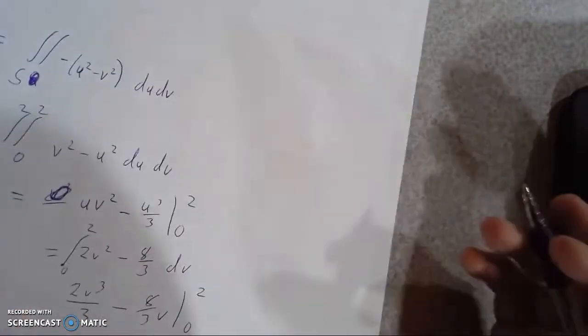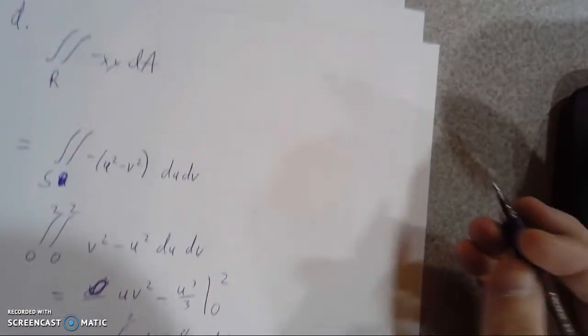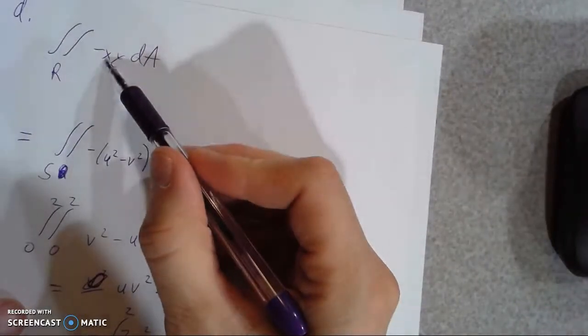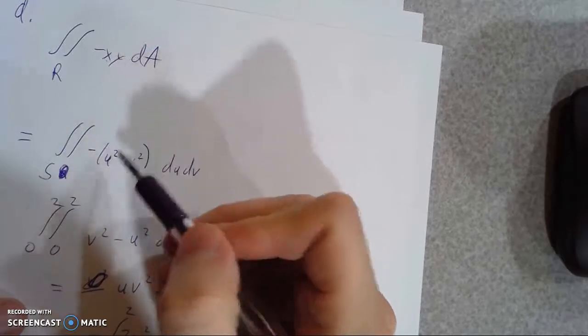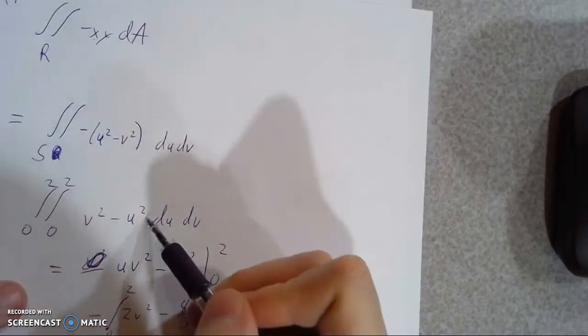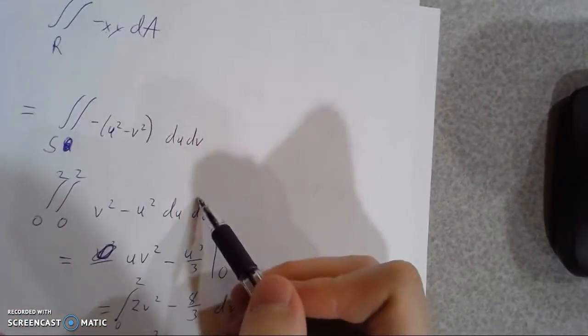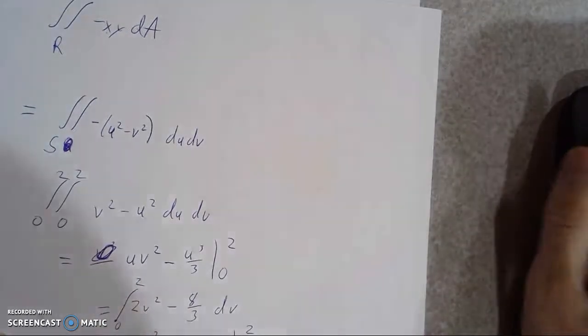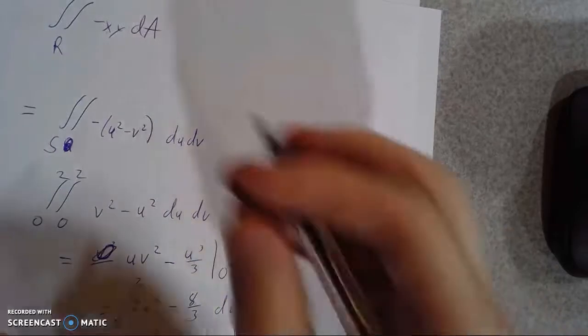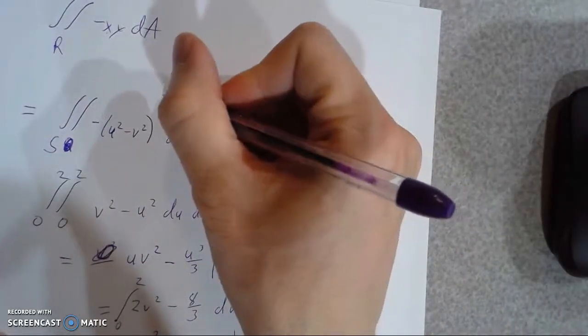Okay, for part D, we are actually supposed to integrate. Well, I need to change my variables. So this is u plus v, u minus v, so it's u squared minus v squared, but then we have a minus sign, so it's v squared minus u squared, du dv. And actually, we also need the Jacobian stuck in there.